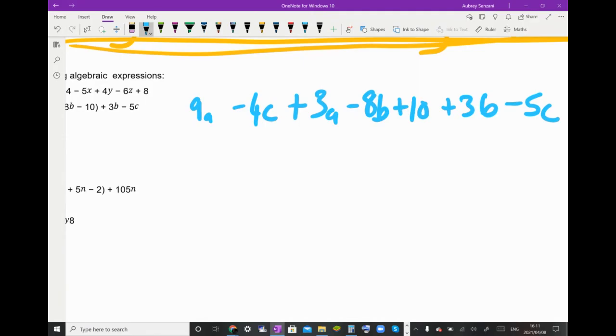So 9A plus 3A, we then get 12A. Okay, so that's been dealt with.